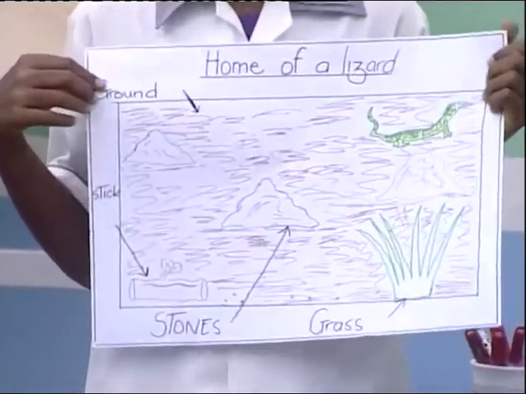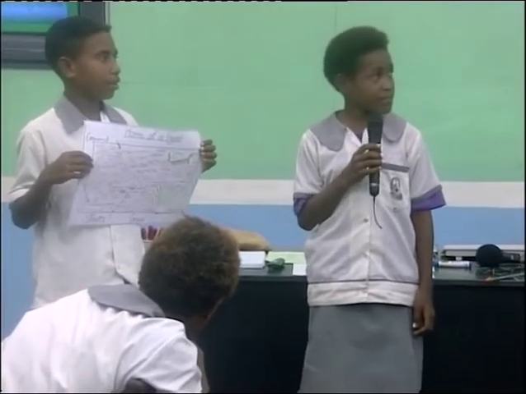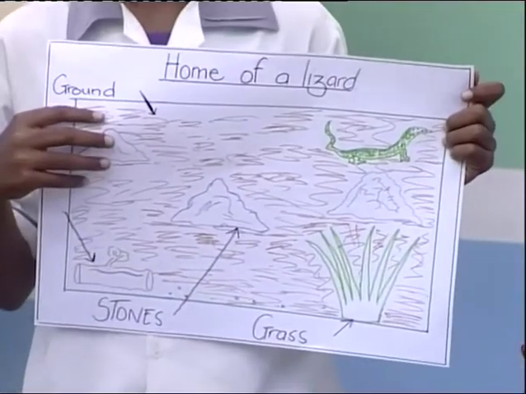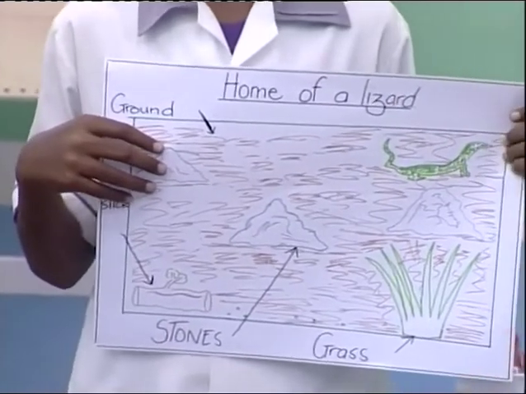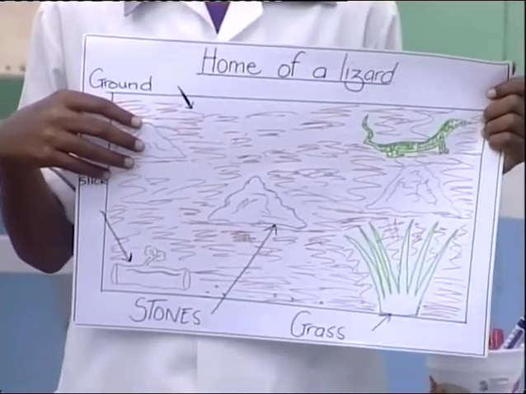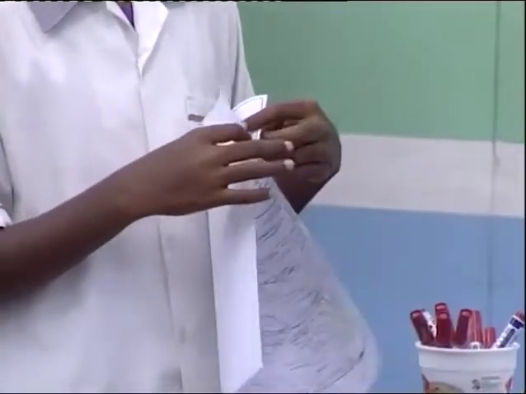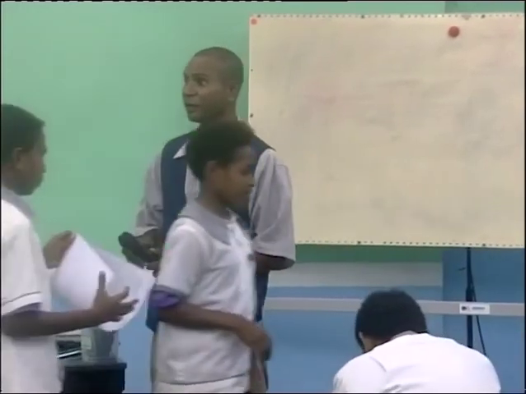What type of container are you going to use? A glass bottle. Okay, a glass bottle. All right, make sure the glass bottle is big enough to put some stones, some grass, and some soil for the lizard. Thank you. Give a clap for Alison and Jordan.